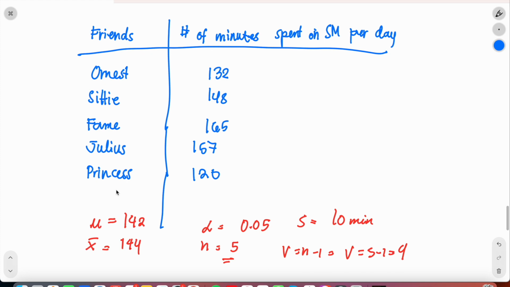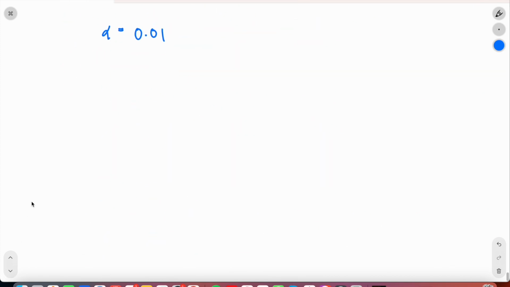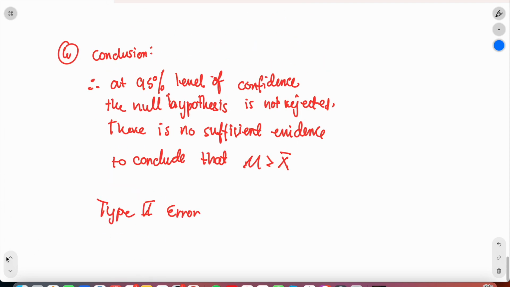You write your answers in a 1/4 sheet of paper. So you have here Jane and Marie, 112 minutes and 137. These are new additions. So in your activity, your new n is what? 7. 5 plus 2, we added 2 new people.